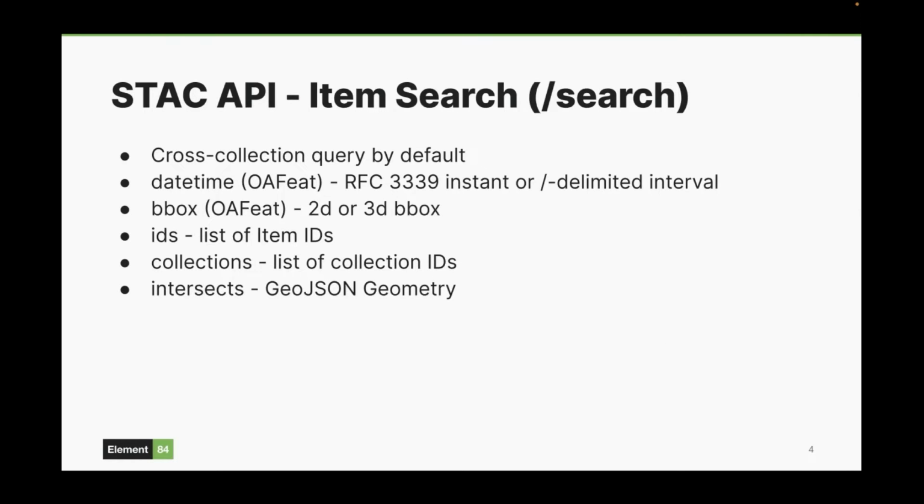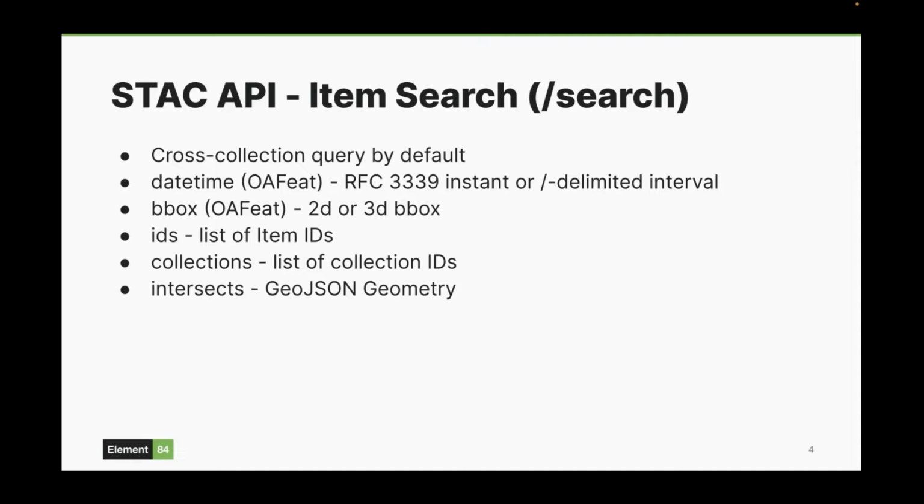The main thing I'm going to be focusing on today with the CQL2 support is a specific conformance class in STAC API called item search. This adds a new endpoint /search that allows a cross-collection search within a catalog.